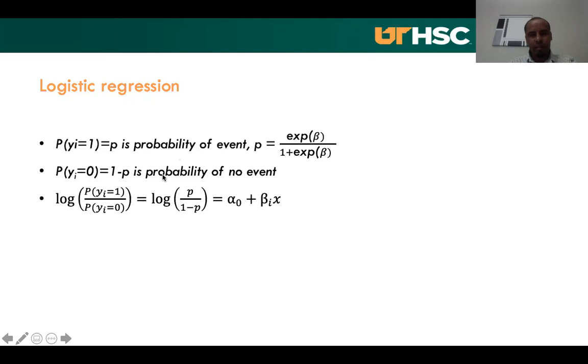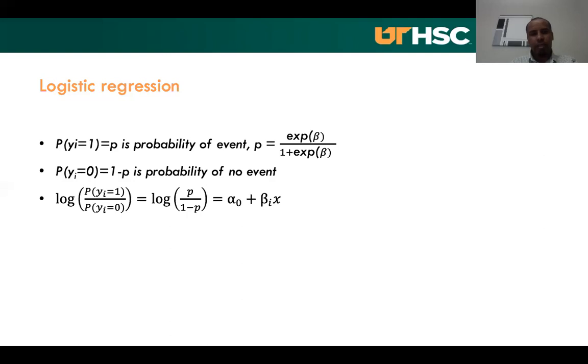And this equals the intercept plus the beta coefficient times the predictor variables. Here in the parentheses, we have the probability of an event happening divided by the probability that the event didn't happen.